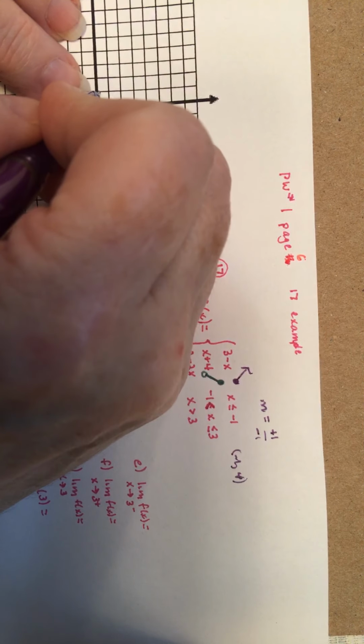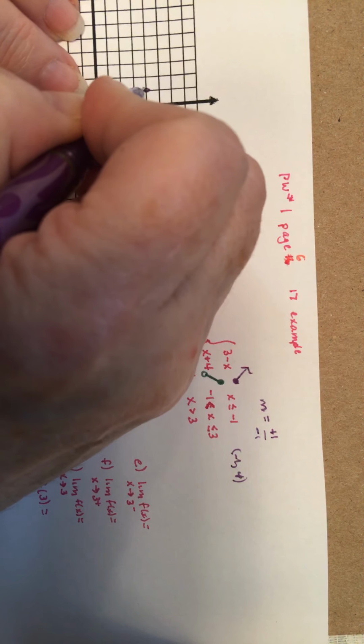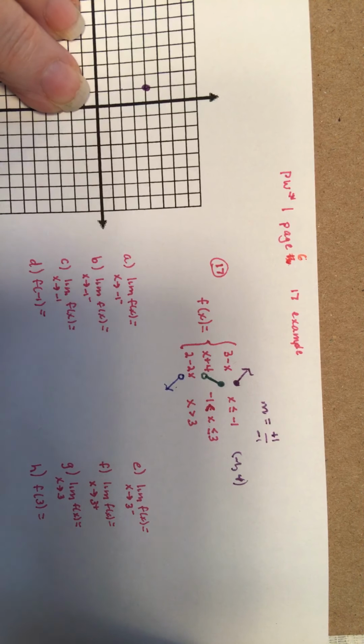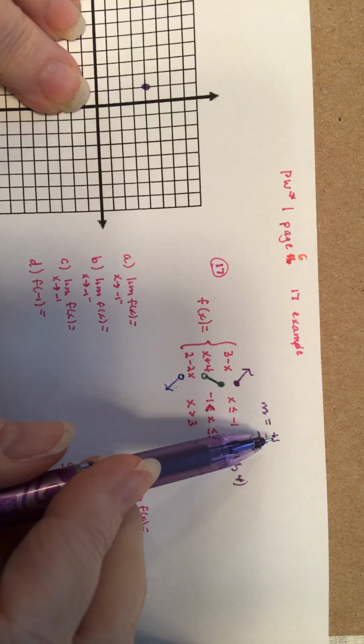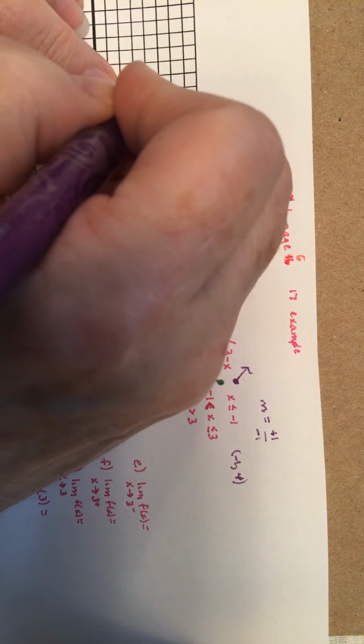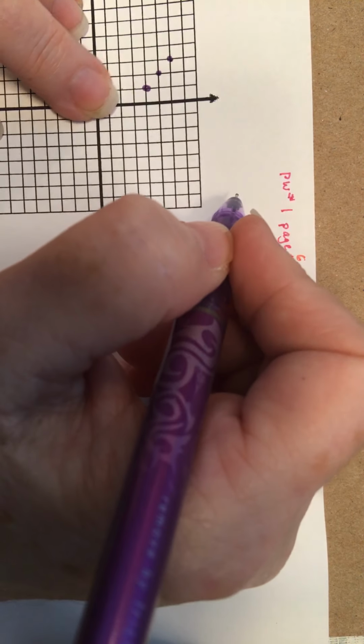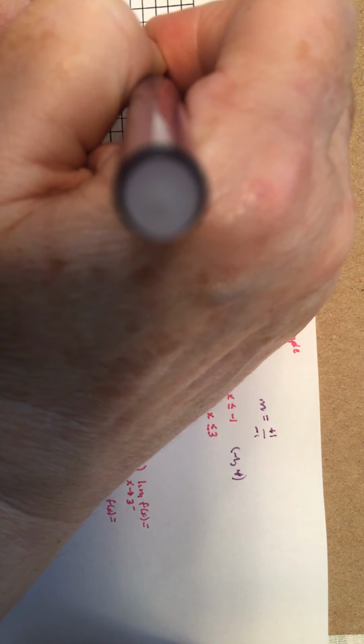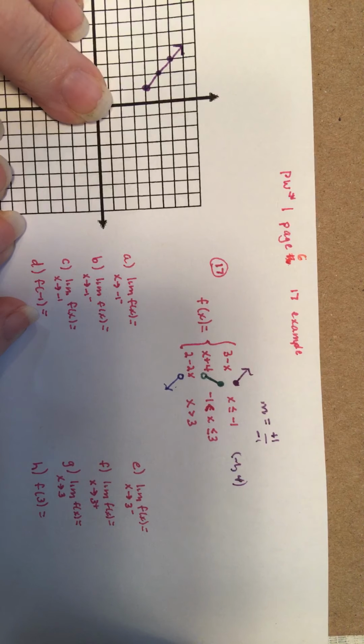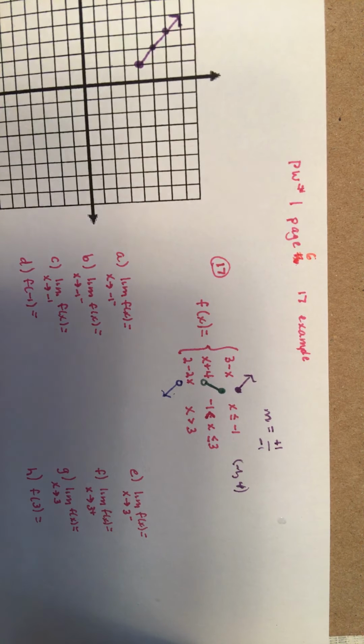So I'm going to plot my -1, 2, 3, 4 with a nice solid dot. And now I want to go up 1, left 1, up 1, left 1. I could stop there, and I'm going to be lazy and just do a couple points and put the arrow.